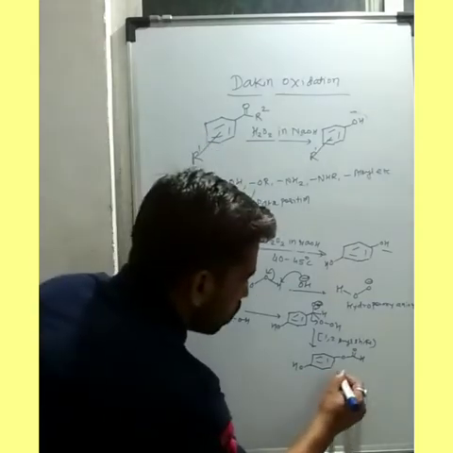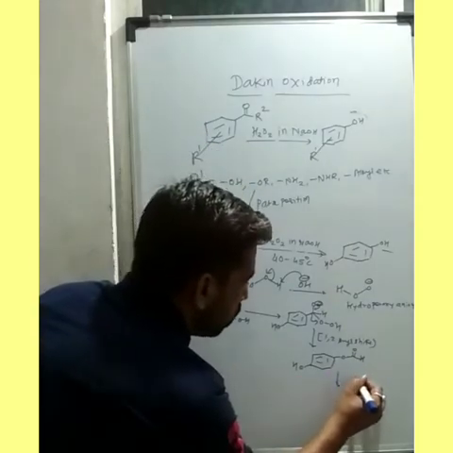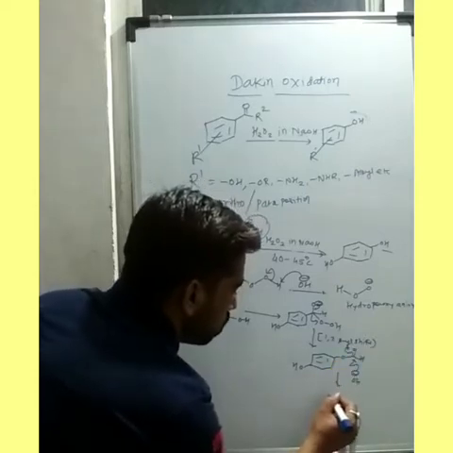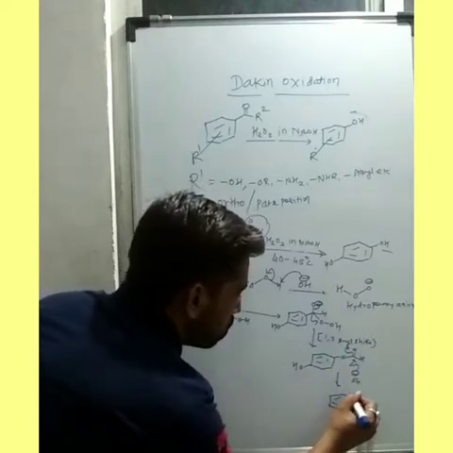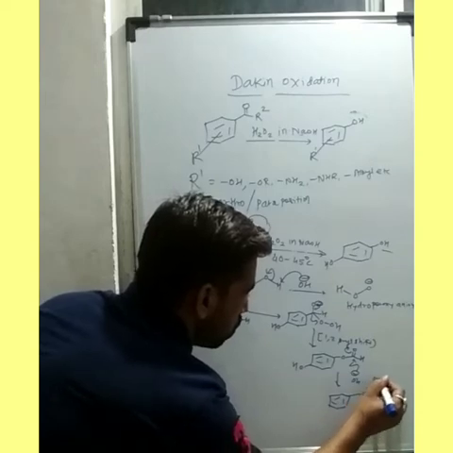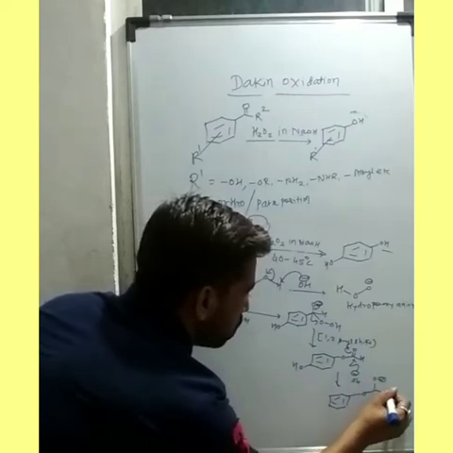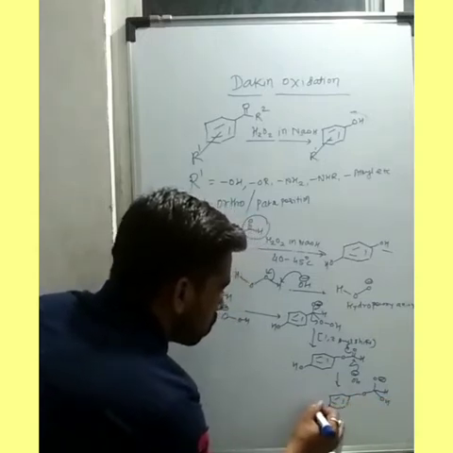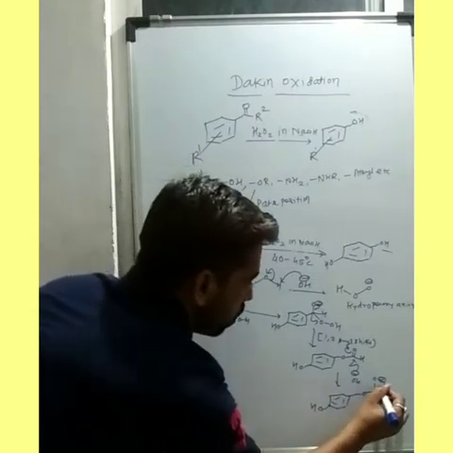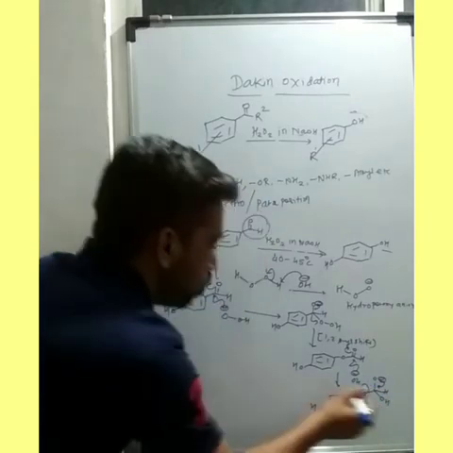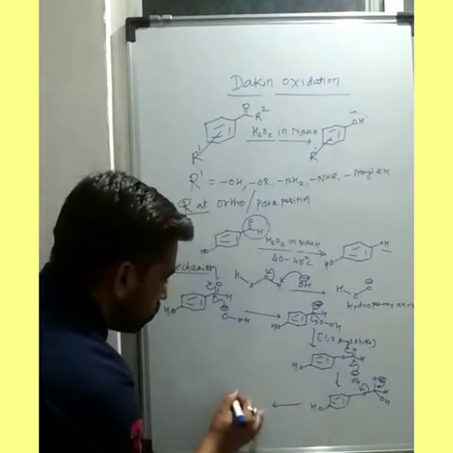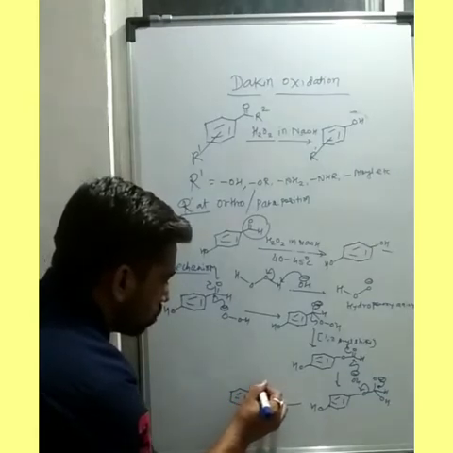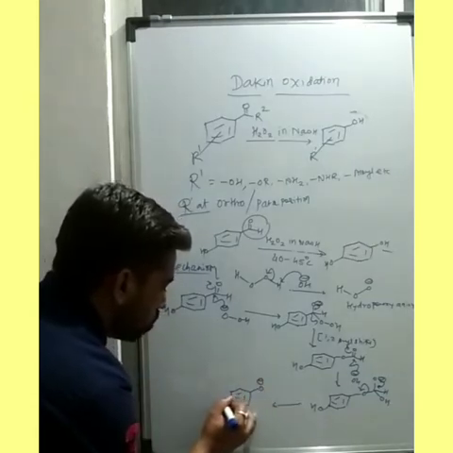Now in the next step, again hydroxide ion attacks the electron deficient center and gives the corresponding second tetrahedral intermediate, and then it gives the corresponding phenoxy ion, O minus.